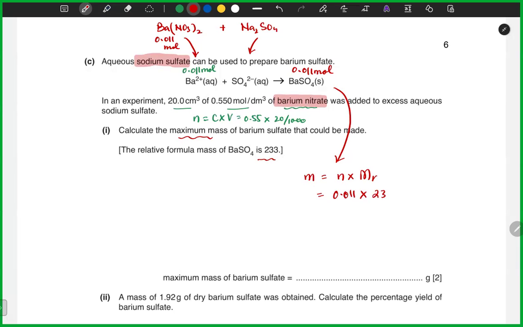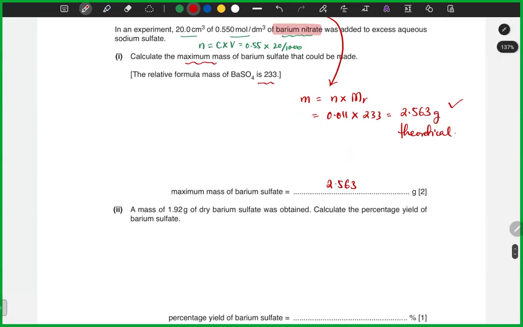That's 233. So let's find this out. So I'm getting 2.56. So remember, this is theoretical. This is what my calculator gives me. 2.563 grams.